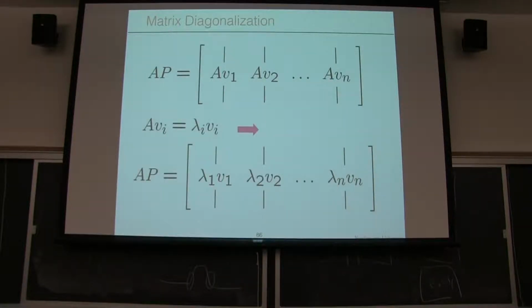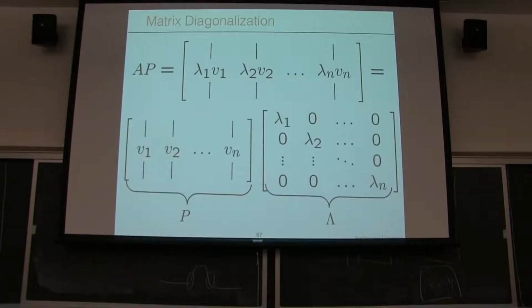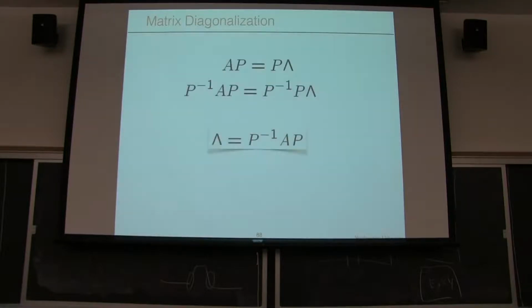So now AP is equal to that, and I can rewrite this as the product of two matrices: the matrix with the eigenvectors and a diagonal matrix with the eigenvalues. So A times P is the same as P times this matrix, which I call capital lambda, which is diagonal and has the eigenvalues on the diagonal. So now I have AP equal P lambda.